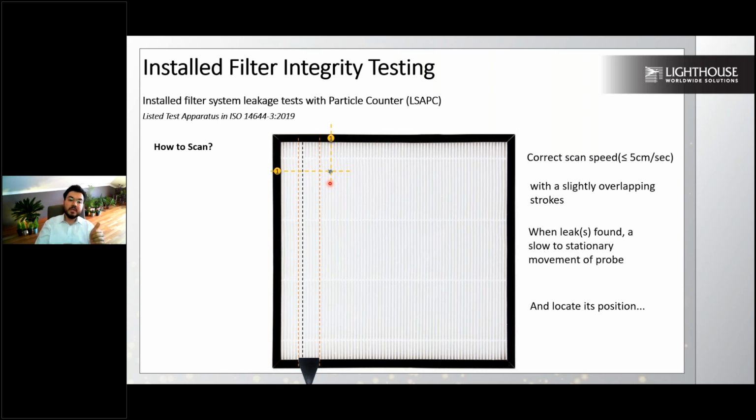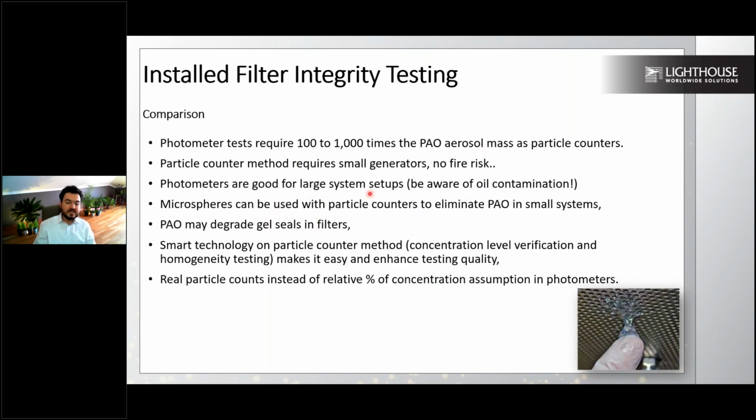If you prepare all these dots in your hand, like 1, 1, 2, 2, 3, 3, while we are doing scanning, you can just take one and place it into the corners or edge of your filter. So the cross-section point will show you the leakage point. So this is in general how we are doing filter testing.